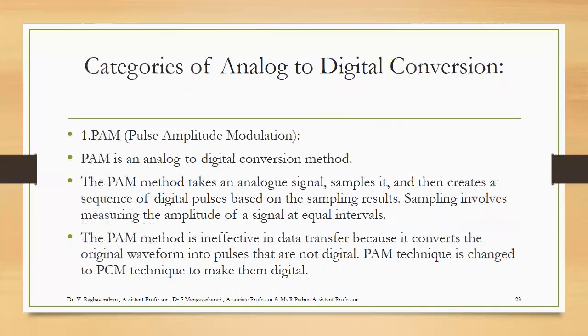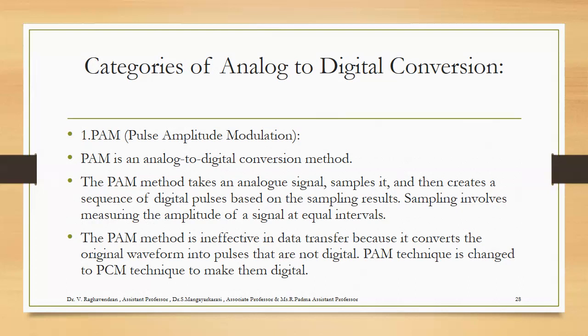Pulse amplitude modulation is an analog to digital conversion method. In this method, it first takes an analog signal. Next, it samples it and then creates a sequence of digital pulses based on the sampling results. The sampling involves only measuring the amplitude of the signals at particular, equal intervals.